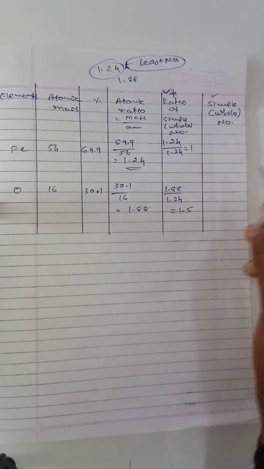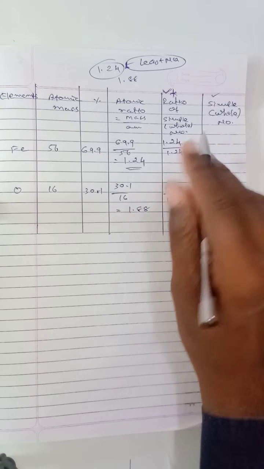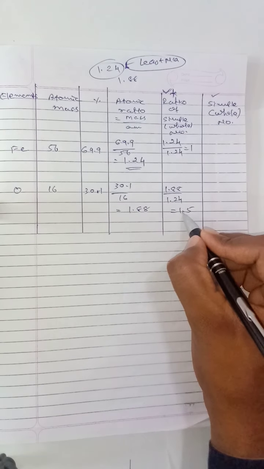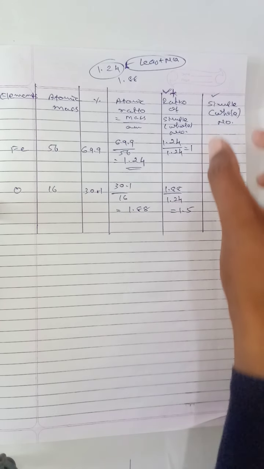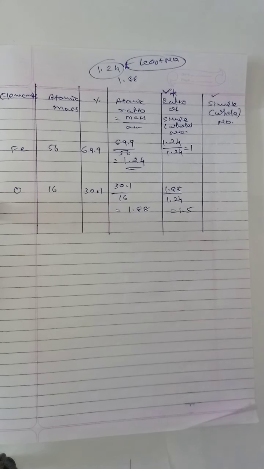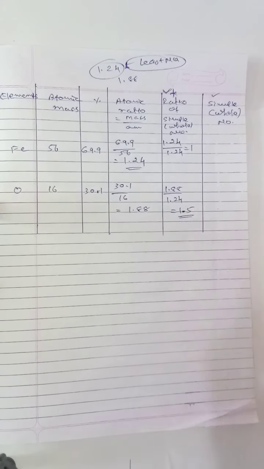Now for simple whole number, here the simple we can write 1 is equal to 1, but here 1.5, what will be our simple number? Either it may be 2 or 1, because it is 1.5.